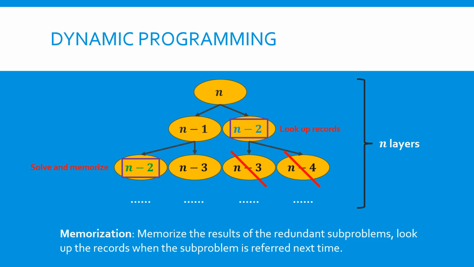Then, when we encounter the blue subproblem, we know that it has already been solved before, so we can look up the table and directly use the result. In this case, we don't need to go deeper with the recursion. The entire subtree rooted at the blue subproblem can be pruned, saving a lot of computations. This strategy is called memorization.